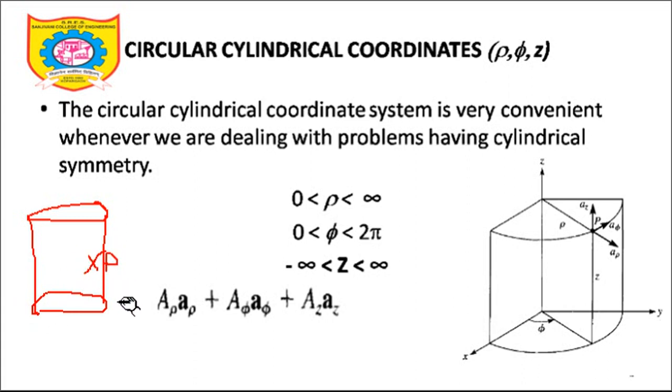If someone asks what the coordinates of this point P will be, you will definitely say this point P is at the radius, because if I consider this as the axis of this cylinder, the point P will be located at radius rho, and rho is the radius of this cylindrical coordinate system. If rho is the radius, point P must have the first coordinate as rho.